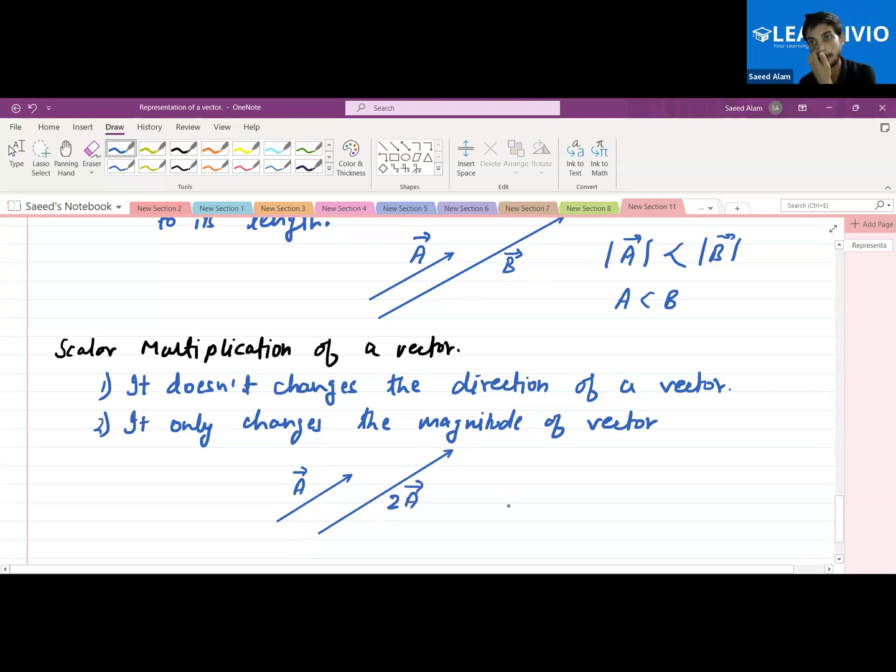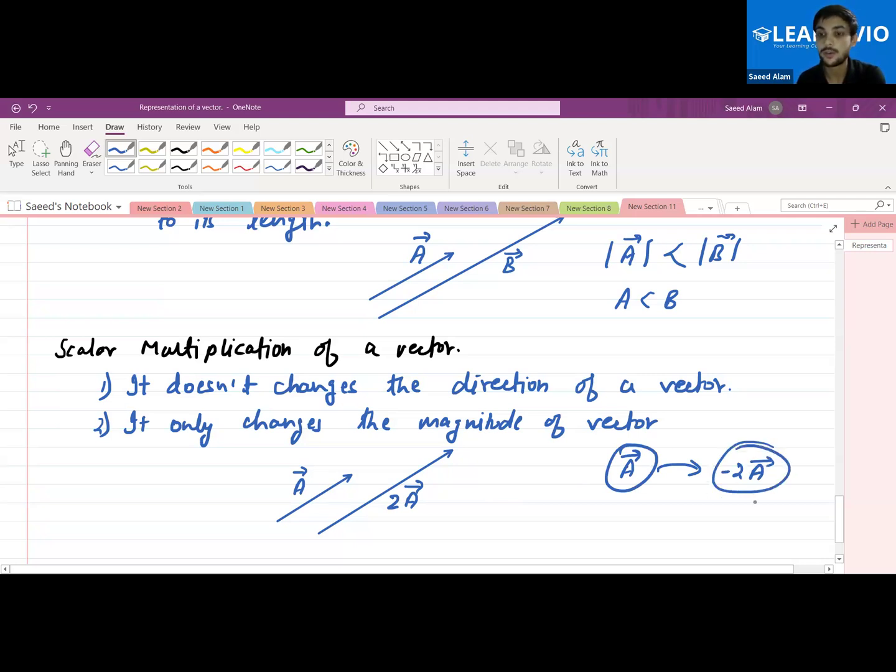Yes or no? Yes. But what if I wish to draw a vector of minus 2A? Do you agree that its length will be increased to 2 times? Yes or no? No. If I already have a vector A and I wish to draw a vector minus 2A.